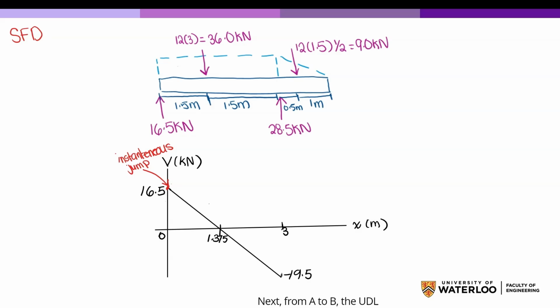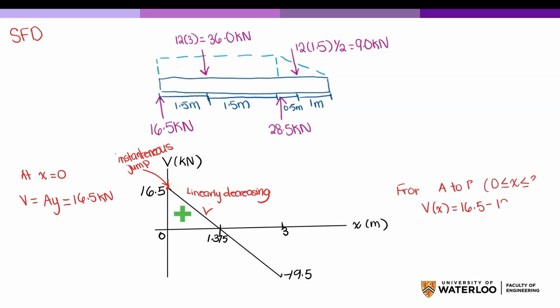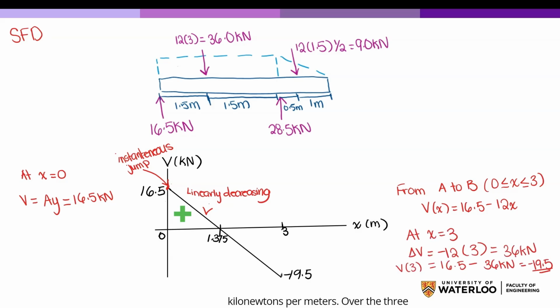Next, from A to B, the UDL gradually decreases the shear force. So there's a linear decrease in the shear force. The rate of decrease is equal to w, which is equal to negative 12 kilonewtons per meter. Over the 3 meters, the change in shear force is equal to negative 12 times 3, which is negative 36 kilonewtons.